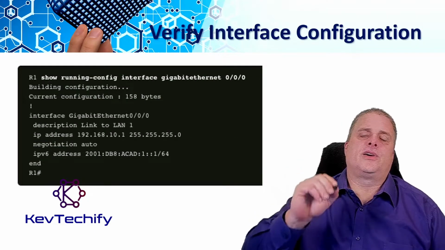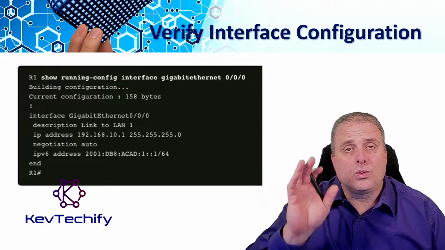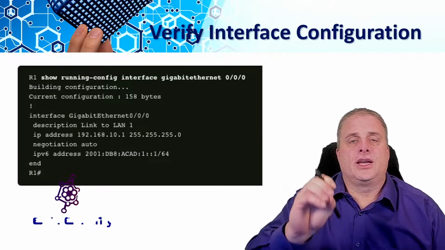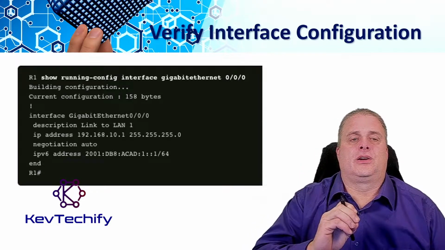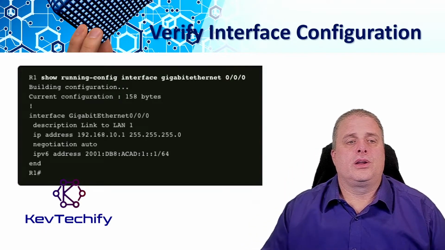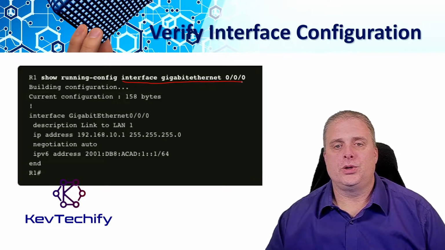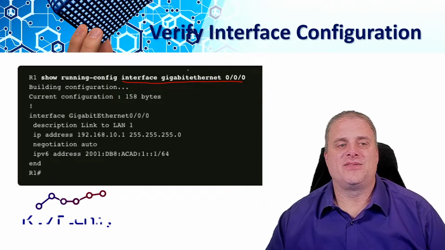When we go in and verify our network interface settings, we can also use the show running-config command. That shows us our current settings for our device. Those are the settings that are in RAM. Now, if we do the show running-config command and then we specify what interface we want to show, this shows us all the current commands that are applied to this specific interface.